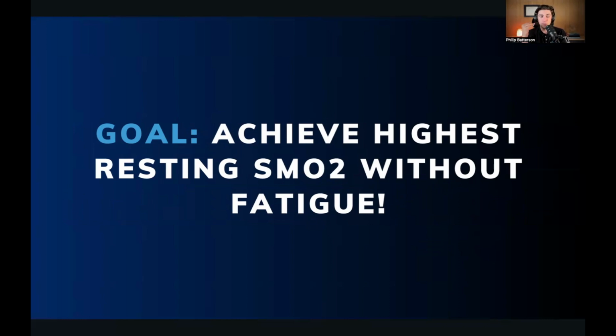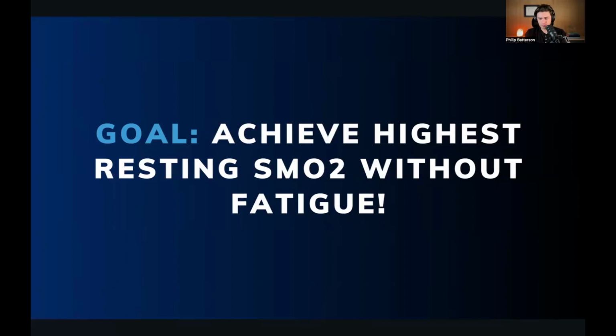Your SmO₂ will be extremely high, because you just created a boatload of metabolic byproducts that are going to vasodilate and get a lot of blood to the area, and you're going to increase heart rate very, very high. So you're going to have a lot of oxygen being delivered, and a lot of oxygen being able to actually enter the area of the muscle. So you're going to get SmO₂ to be really, really high following something like a Wingate test.